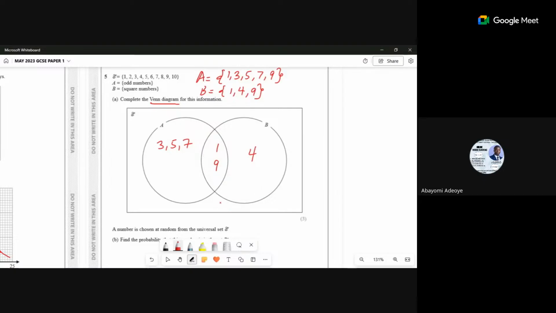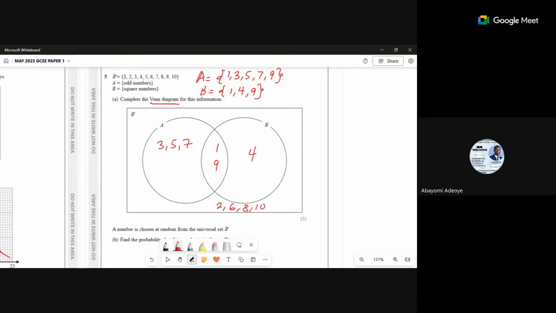We call them complements. So what are the set complements? The leftover. So what do you have? 2, 6, 8, and 10.